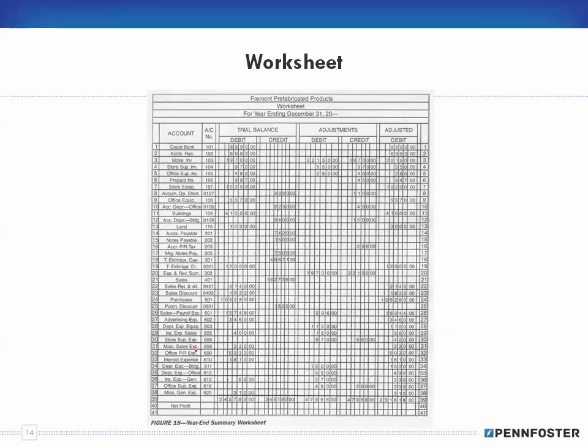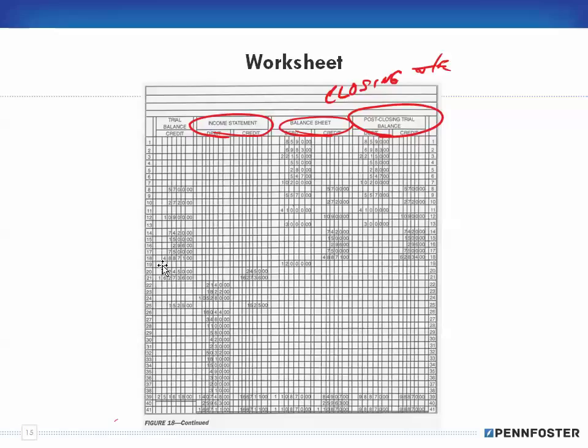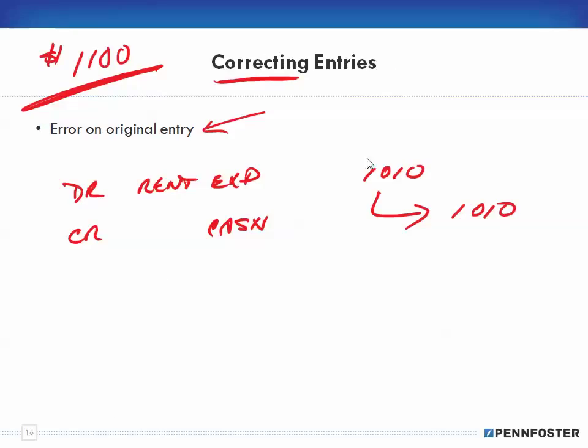Actually, there is no rent expense account on here, but neither here nor there. He'd come down to that particular account and look at that balance, and let's say it's supposed to be 1,100 and he only sees that it's 1,010. Well, obviously it's $90 off.